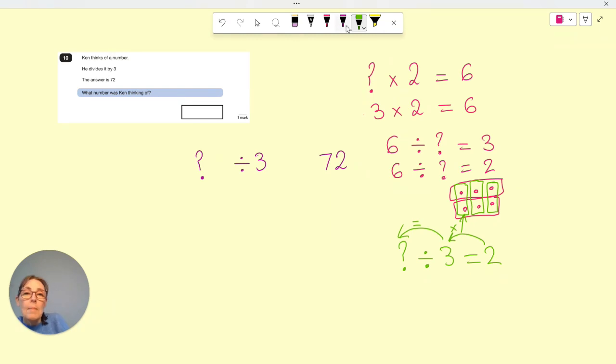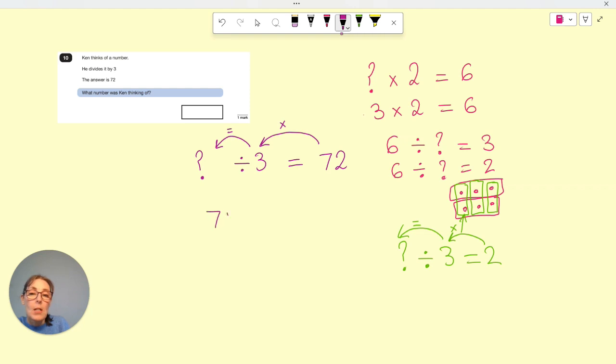So a number has been divided by 3 and the answer is 72. So we can do 72 multiplied by 3, which will give us the answer that Ken was thinking of.